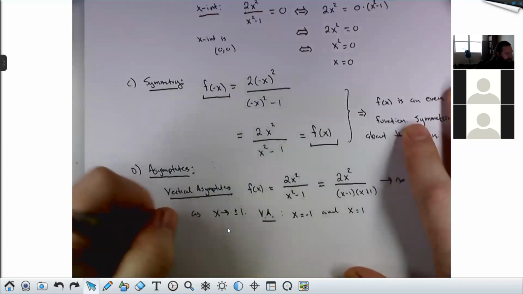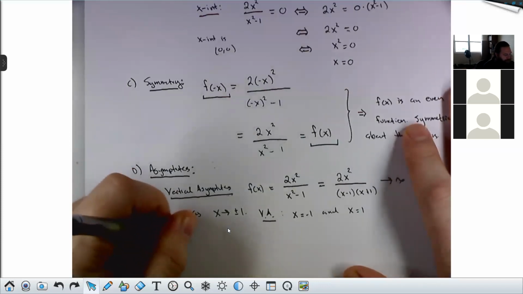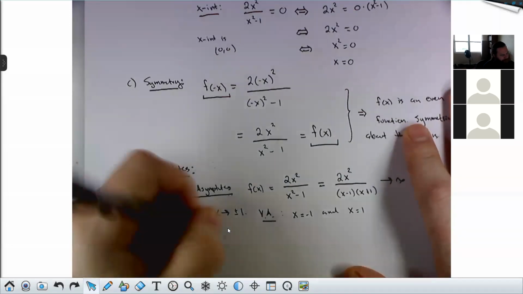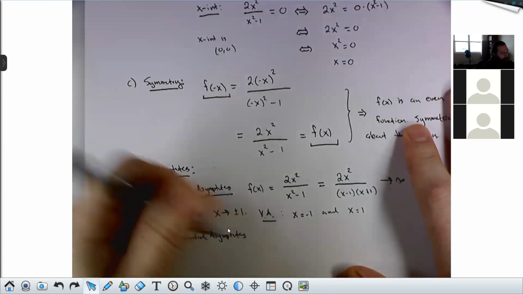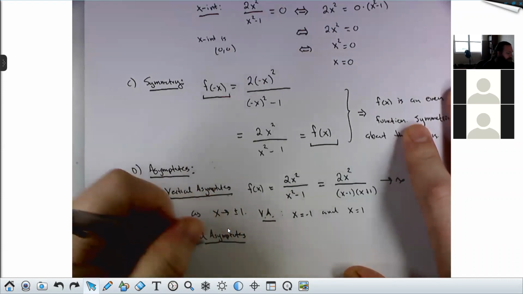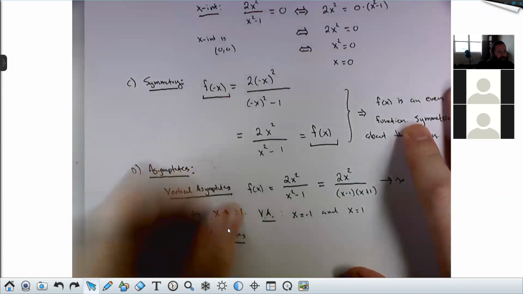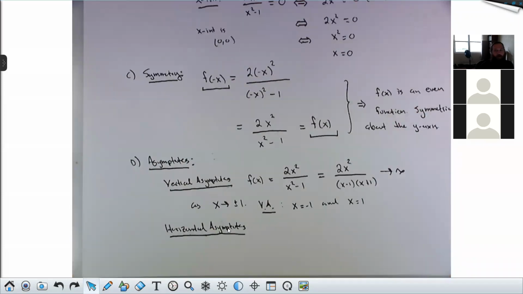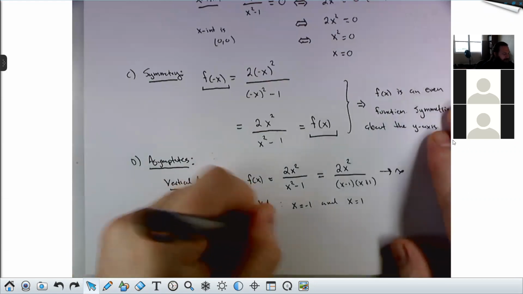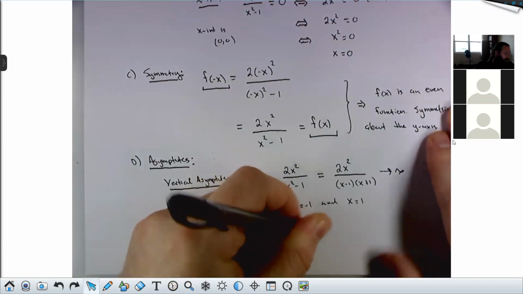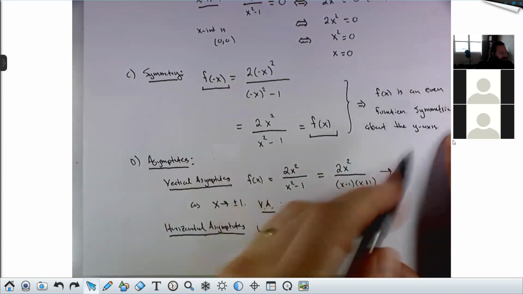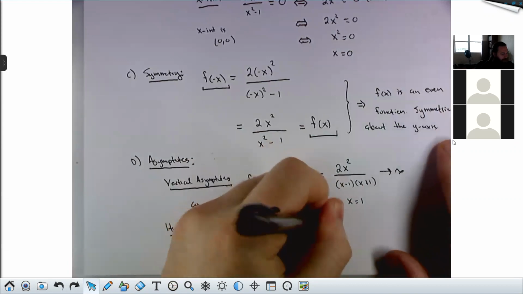Horizontal asymptotes. It's possible to have 2 different horizontal asymptotes, but this function is symmetric about the y-axis. So by our symmetry, what happens on the left will be the same as what happens on the right.